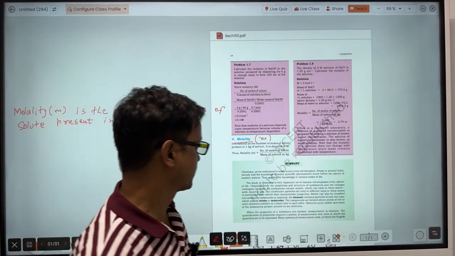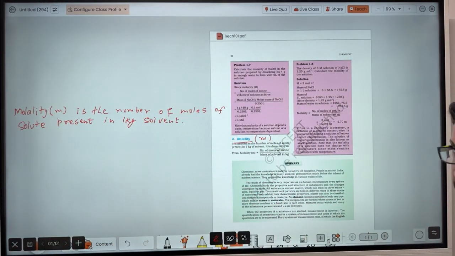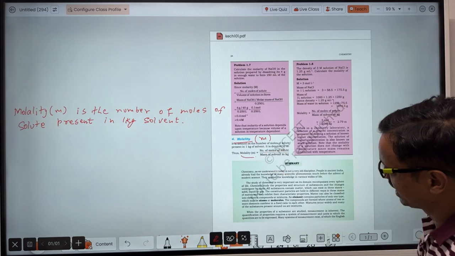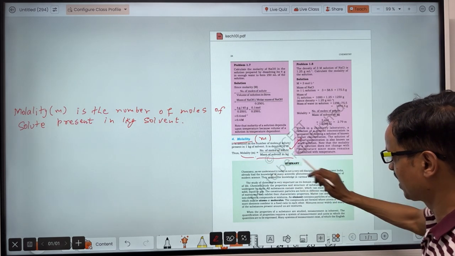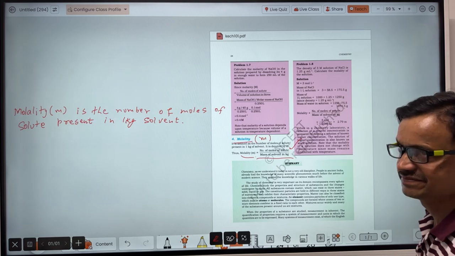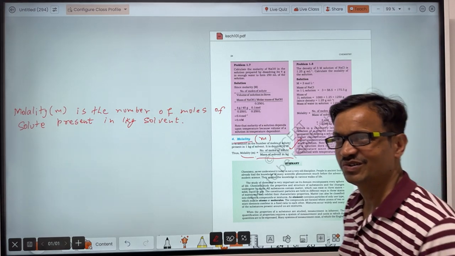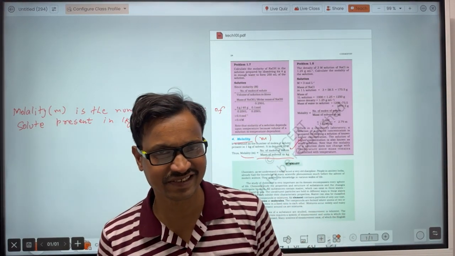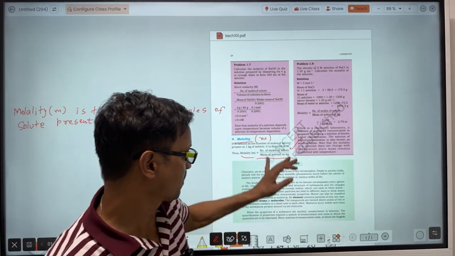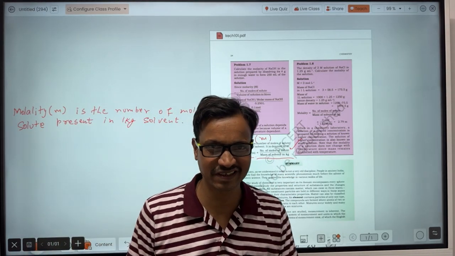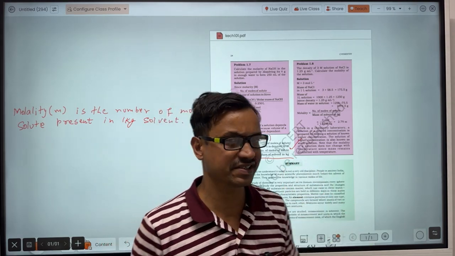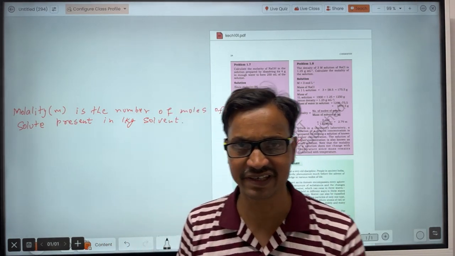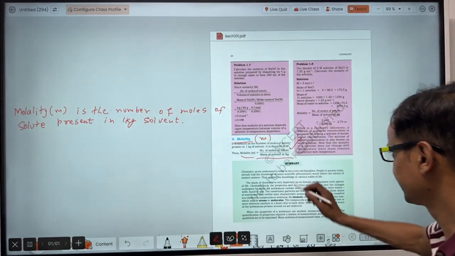Its formula is also written here. Molality, indicated by small m, is equal to the number of moles of solute upon the mass of solvent in kg. Now predict its unit. The number of moles of solute has the unit mole, and the weight of solvent is in kg.